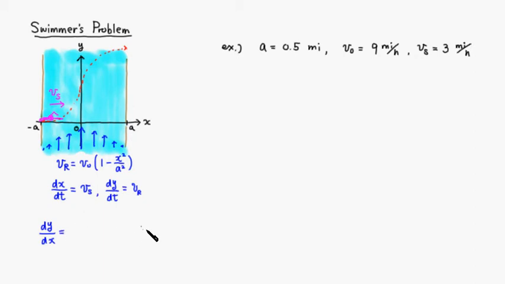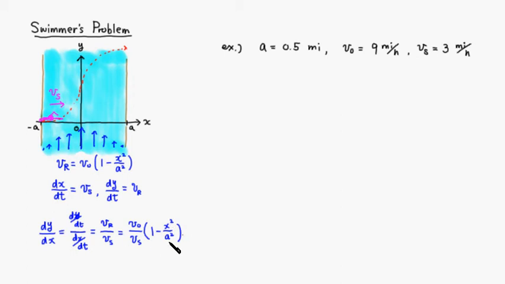This is equivalent to dy over dt divided by dx over dt, which is the same thing as Vr over Vs, since dx over dt is Vs. So the equation can be written as dy over dx equals V0 over Vs times quantity 1 minus x squared over a squared. This is the differential equation.